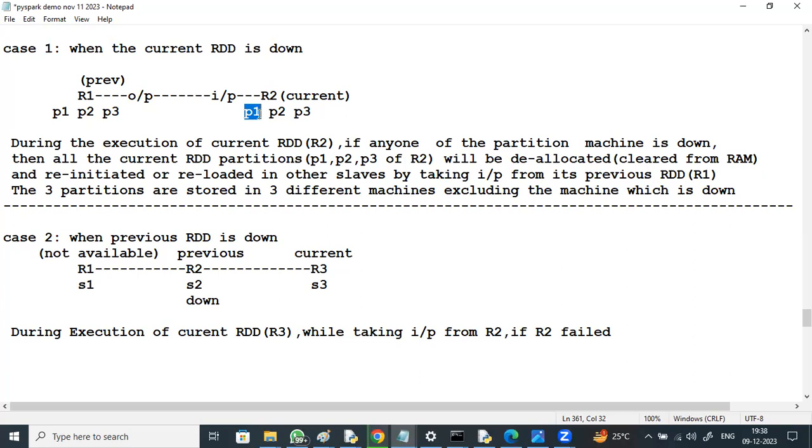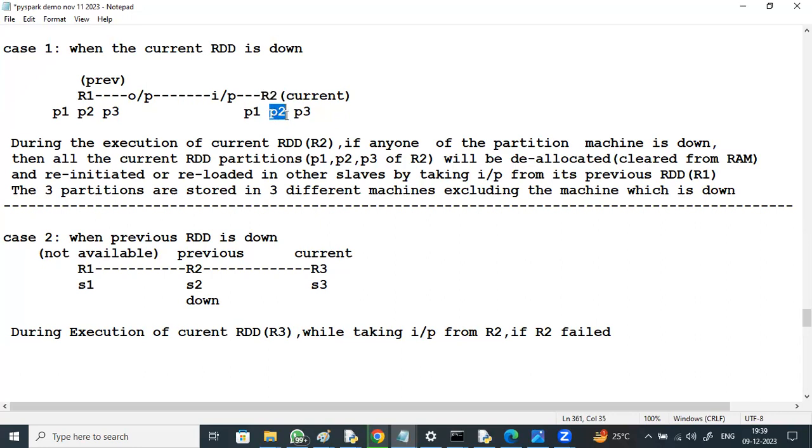But here, whenever any machine goes down in a particular RDD, that partition data is lost, that P2 partition data is lost. So in such case, all the partitions will be cleared from the RAM. Because on R2, I cannot perform any transformation.